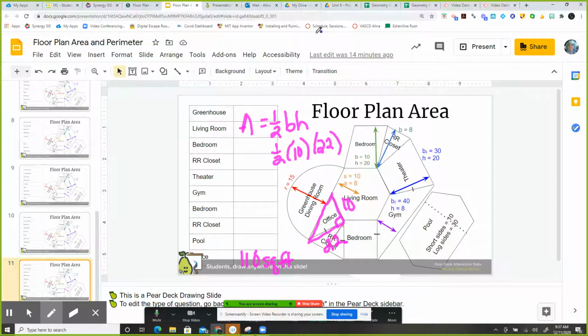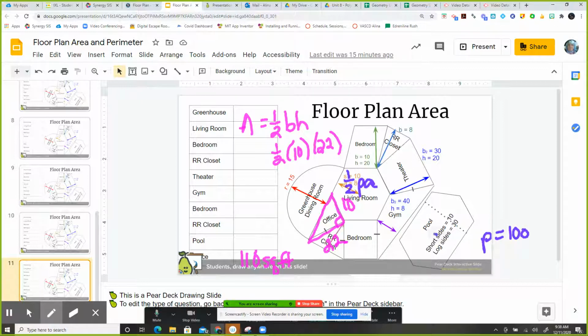So with the regular hexagon, the area was difficult enough, right? We did 1/2 the perimeter times the A, P times A. We could find the perimeter. We found the perimeter. It was 100.